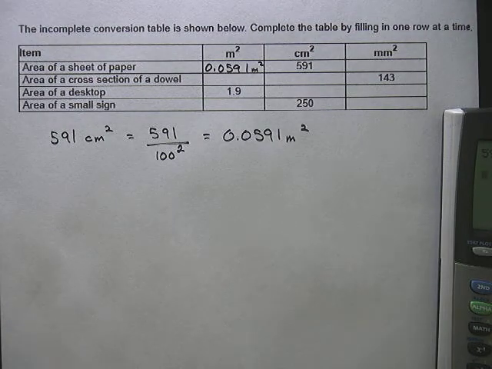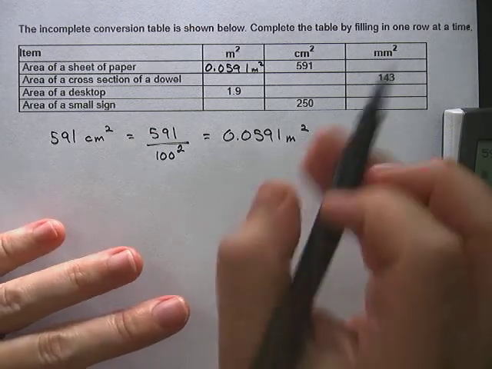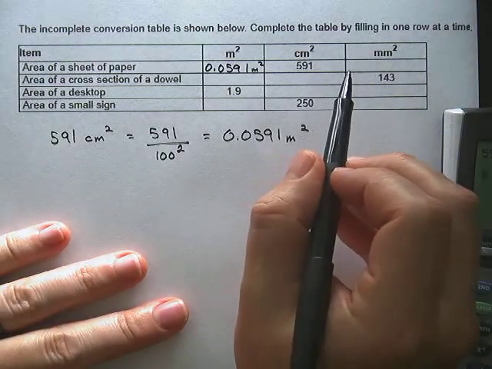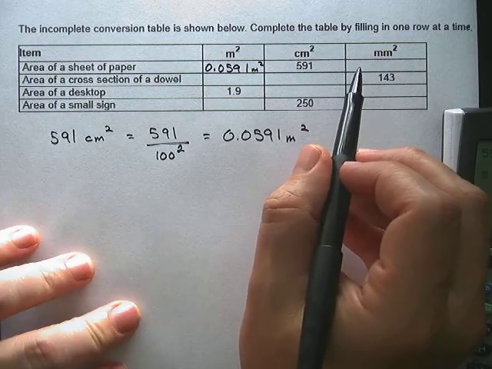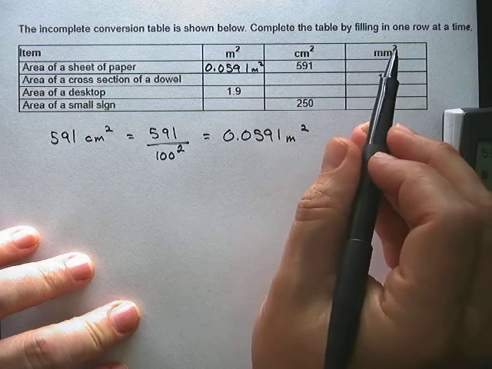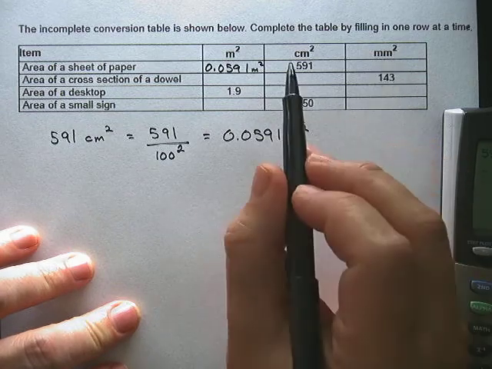Okay, so in that case, since we're going to something smaller, instead of dividing, we're actually going to multiply. So how many millimeters are in each centimeter? 10. Okay, so we're going to multiply, and remember it's squared, so we multiply by 10 squared.